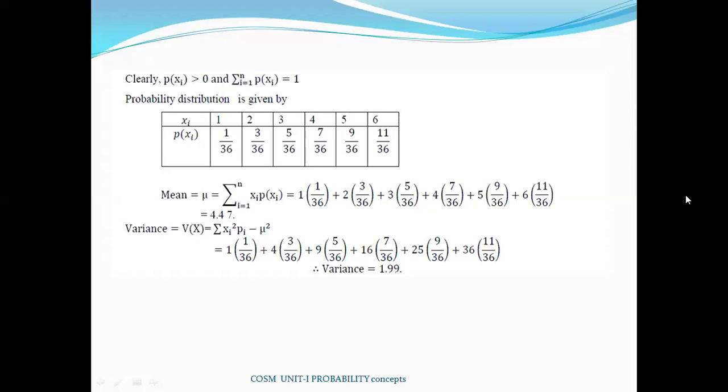So xi square means here you have 1 square, 1 into 1 by 36, plus 2 square, 4 into 3 by 36, plus 3 square, 9 into 5 by 36, plus 4 square, 16 into 7 by 36, plus 25 into 9 by 36, plus the last number, 6 square into 11 by 36, minus mu square, meaning 4.47 square, which gives you the variance value 1.99.